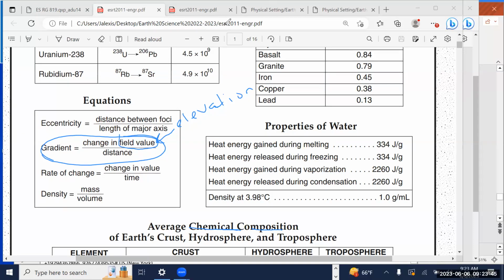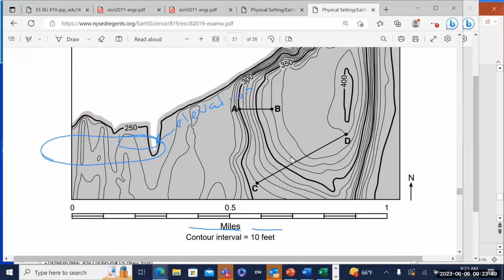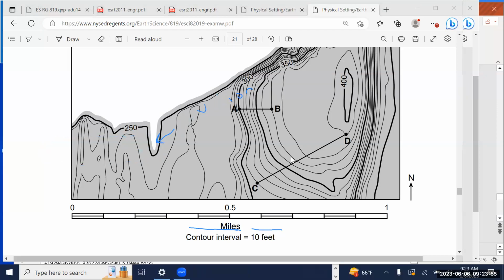So now when I look again at A and B, it tells us that A is at 300. This black line says that it's 350.